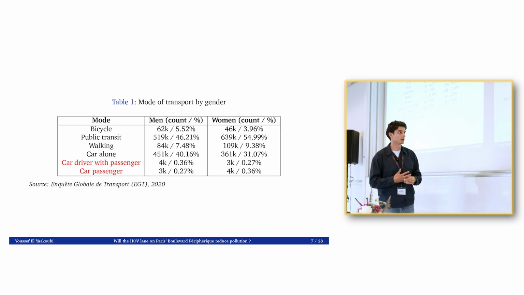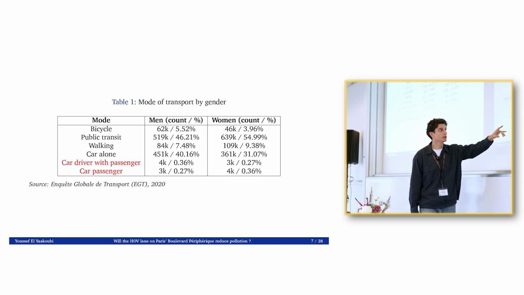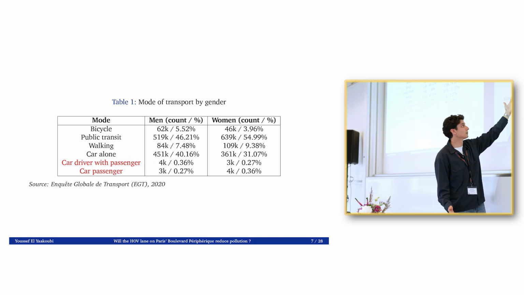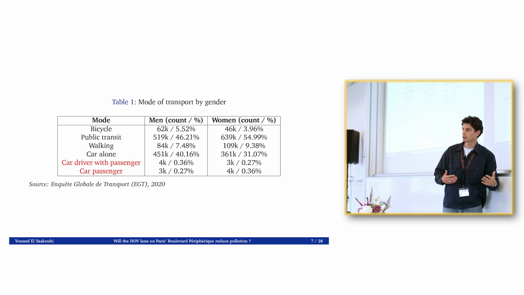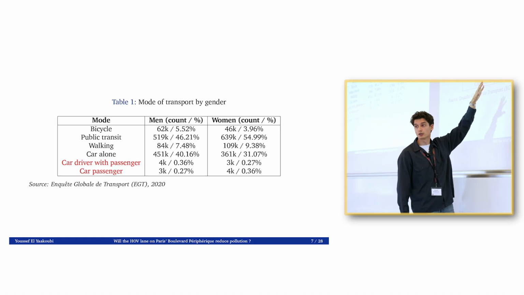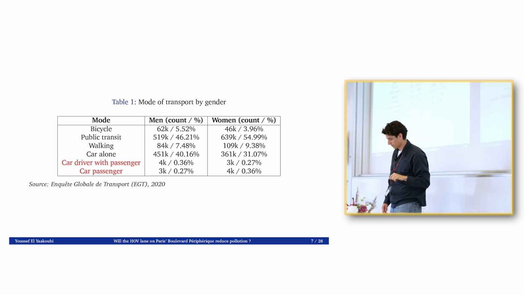So we are thinking about how to deliver it, but the goal of this policy will be to shift from, so the two modes of carpooling will be to be a driver with a passenger or to be a passenger, and will be to shift people from taking the car alone to those modes.